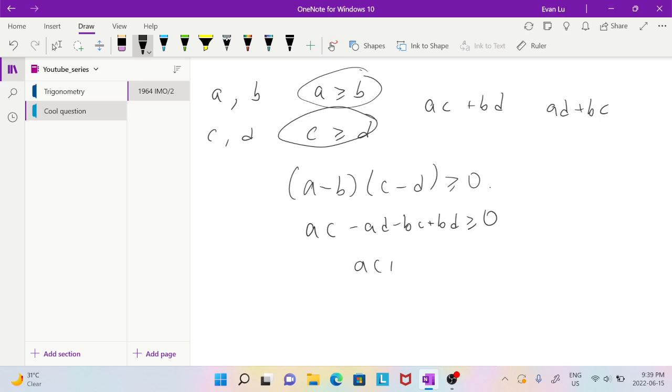And here, if we do some rearranging, there we go, AD plus BC. So we can find out that for two numbers, we always want them to have the two biggest ones and then the two smallest ones.